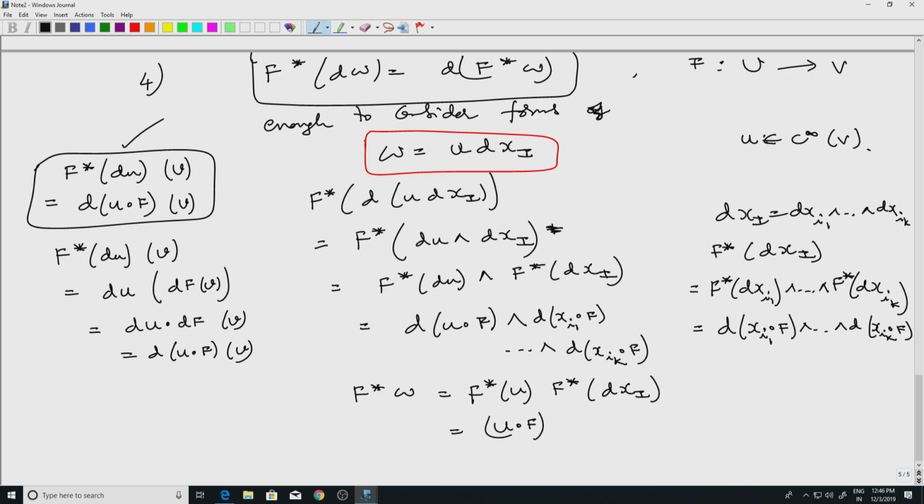I just use the same expression that I have here for f star dxi, which is dxi1 composed with f dot dot dot dxik composed with f.